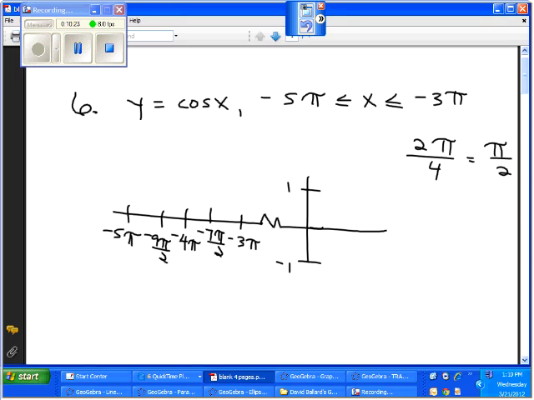So we just thought negative 3 is negative 6 pi over 2, and then we went to negative 7 pi over 2, and to negative 8 pi over 2, which is really negative 4, and negative 9 pi over 2, and then negative 10 pi over 2, which is really negative 5, right? So it's really not that hard to get the fractions.